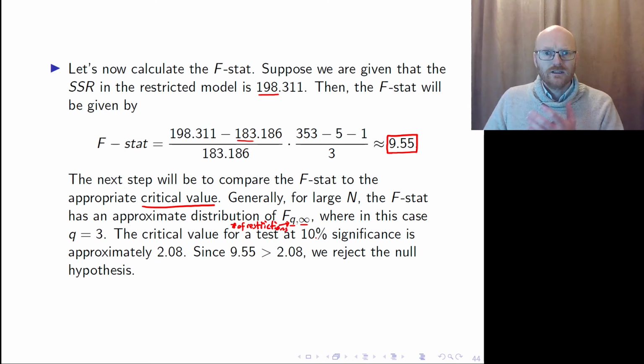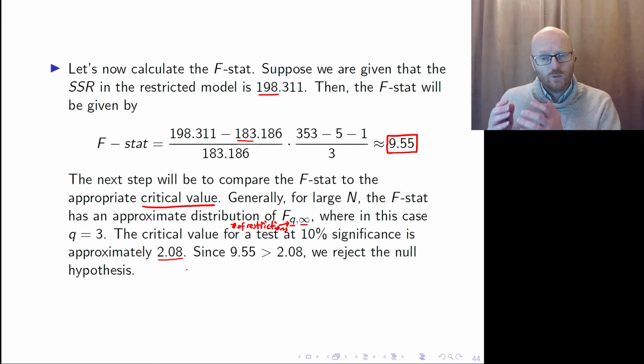So in this case Q is 3, so we find from either an F table or from Stata that for a test at the 10% significance level, this critical value is approximately 2.08. And since our value is larger than the critical value, we reject the null hypothesis.